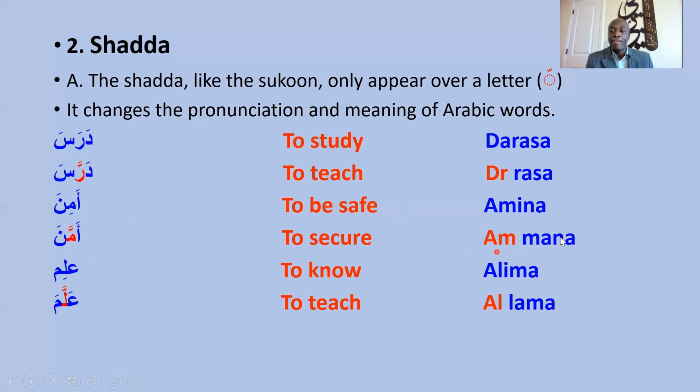Ammana is to secure something else, like securing your building, house, or office by locking it, or making any place safe. So amina is to be safe within yourself, and ammana is to make something else safe. See how the shadda affects the meaning.